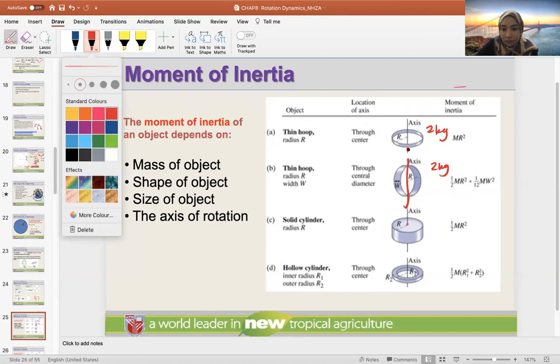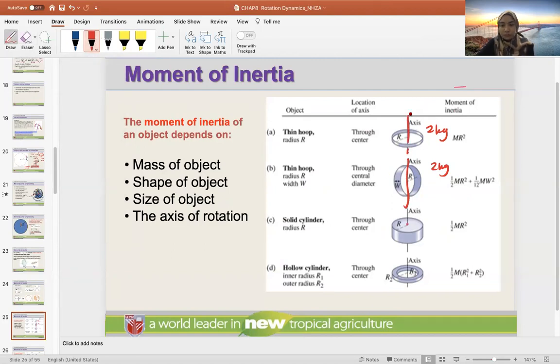Okay, macam ni, macam tu. So because of the axis of rotation, because of its shape, it can change the moment of inertia. So here the moment of inertia I is equal to mr squared. When the axis of rotation changes, it becomes 1/2 mr squared plus 1/12 mass times width, the width of the thin hoop squared.